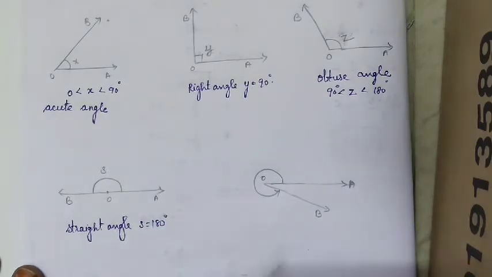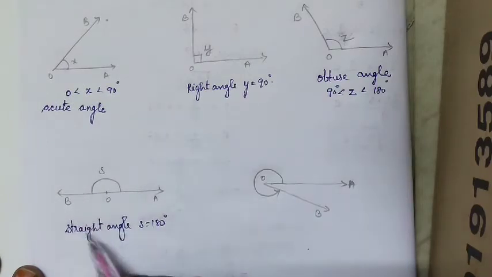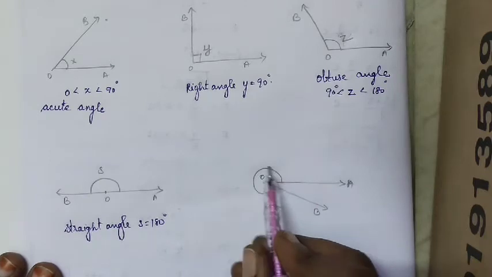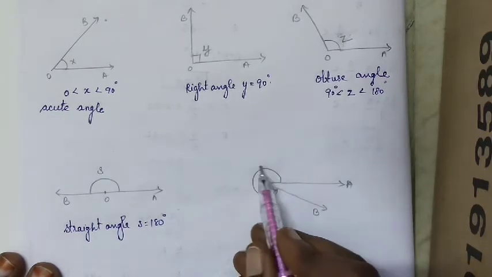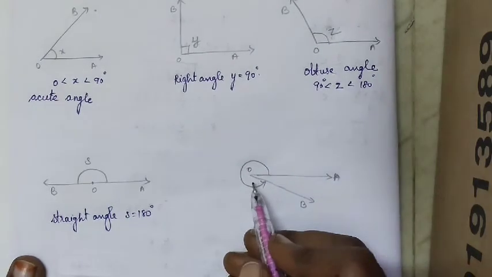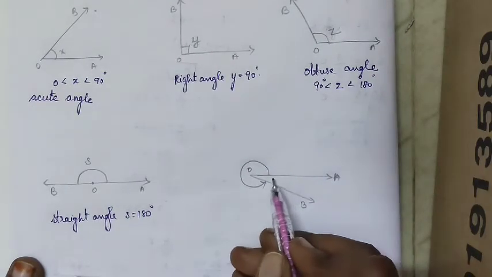Now still that OB line bends downward and makes the angle at this place. Now complete angle is there. So starting from 0, 180, again it crossed 180 there. When it reaches this point, this will make angle 360.